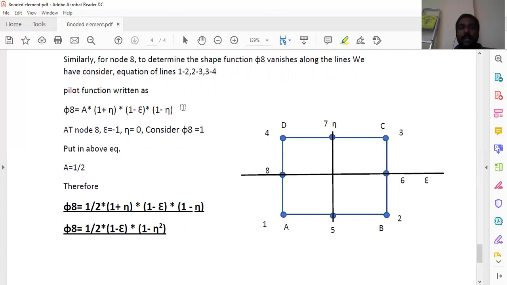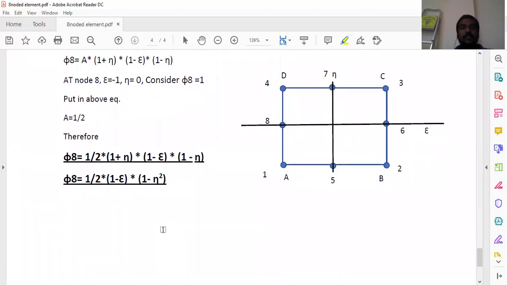Like this we write the shape function. At node 8, we have the coordinates zeta equal to minus 1, eta equal to 0. Consider phi 8 equal to 1. Put in the above equation, we get a equal to 1 by 2. And again, we rewrite the equation: phi 8 equal to 1 by 2 (1 plus eta)(1 minus zeta)(1 minus eta). So phi 8 equal to 1 by 2 (1 minus zeta)(1 minus zeta square).